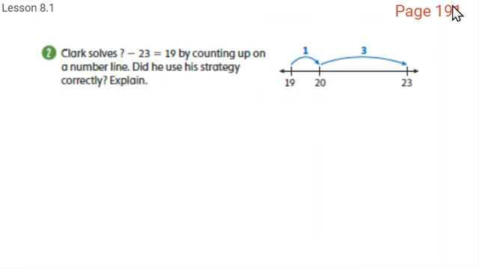So number 2 on page 191 says here, Clark solves a question mark, so that's your unknown right here, minus 23 is equal to 19, by counting up on a number line. Did he use his strategy correctly? So notice he's counting up. So he went from 19, right? And he added 1.